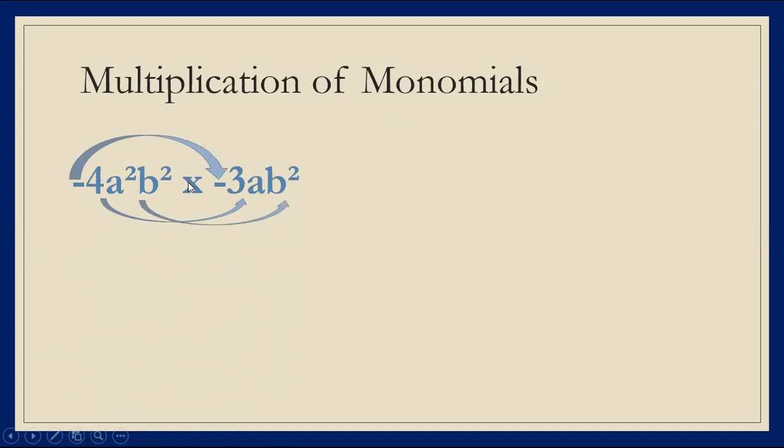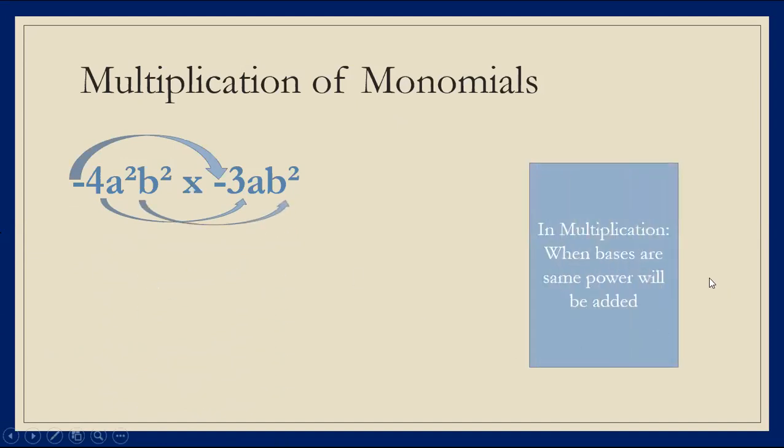We know that in multiplication, when bases are same, power will be added. Here the base is a and here the base is a, so we can add their powers. The power is 2, and here no power is mentioned, that means power is 1.